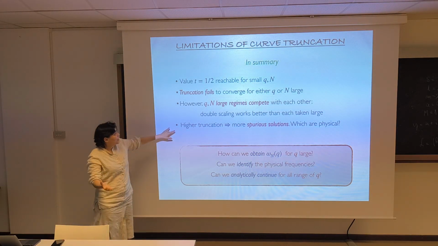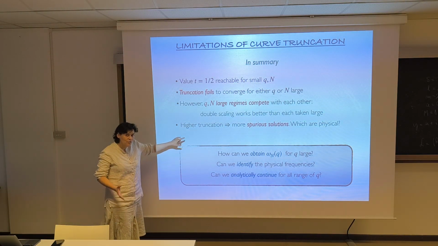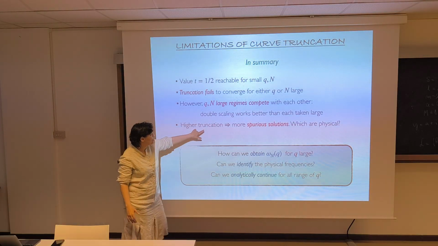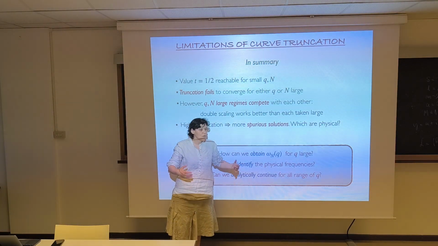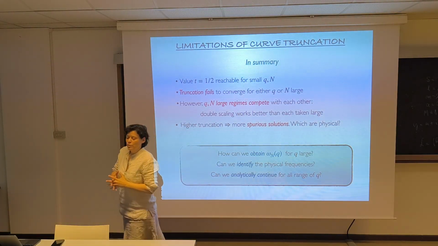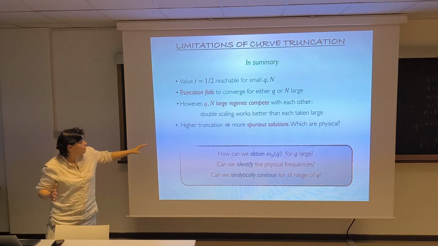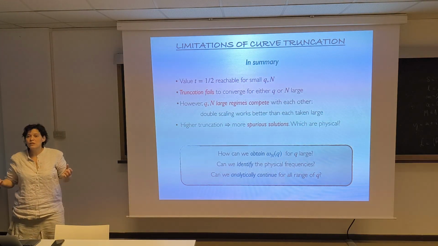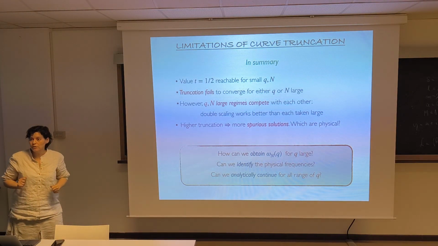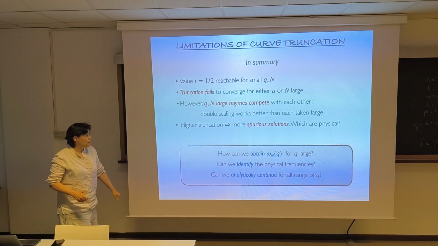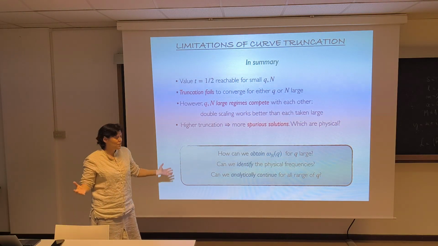Another question that is still there is that higher truncations of that curve give you more spurious solutions. It doesn't tell me which one I should be tracking. So I still have the same questions.